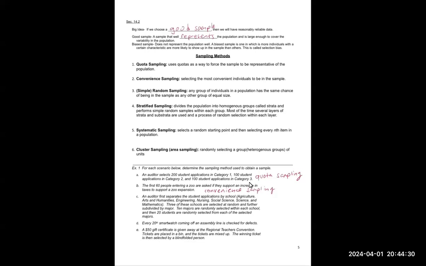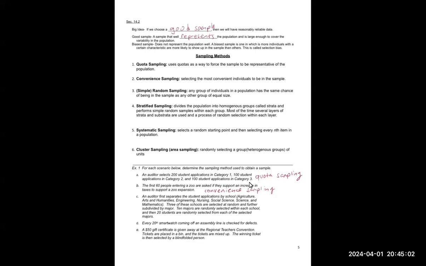And they often divide it up and then divide it up further and keep dividing it up with the idea that they're trying to get a little bit from different areas. This is several layers of strata. Strata are the groups that you divided it into. And that's often what you see with stratified sampling: several layers.